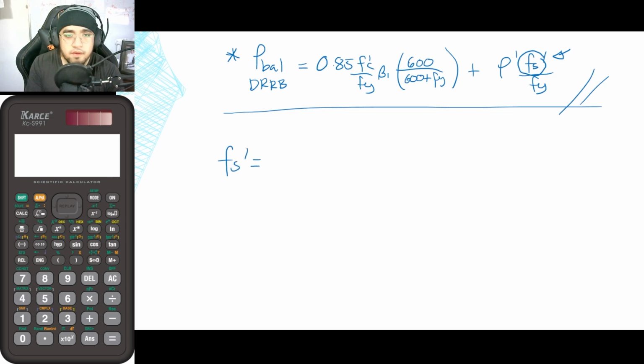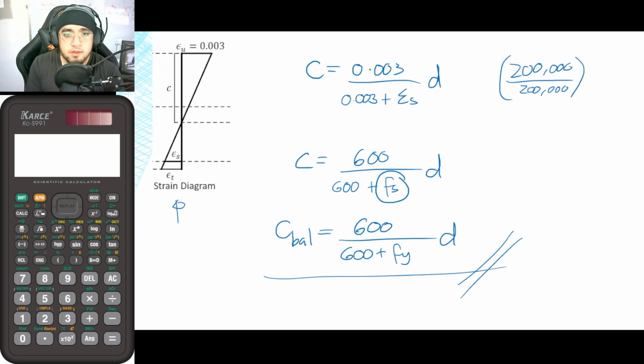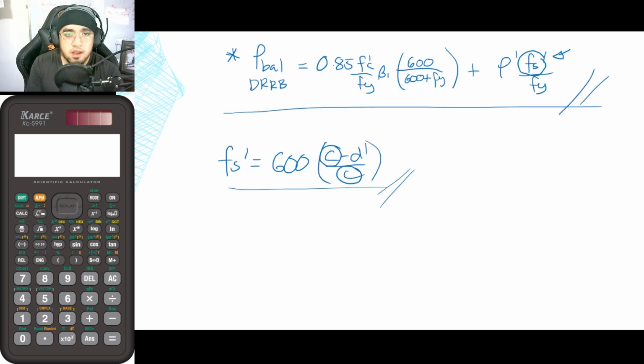In our previous video lecture, we have derived that Fs prime is equal to 600 times C minus D prime all over C. And from that, guys, for the value of Fs prime, simply substitute the value of C balance to this particular equation.